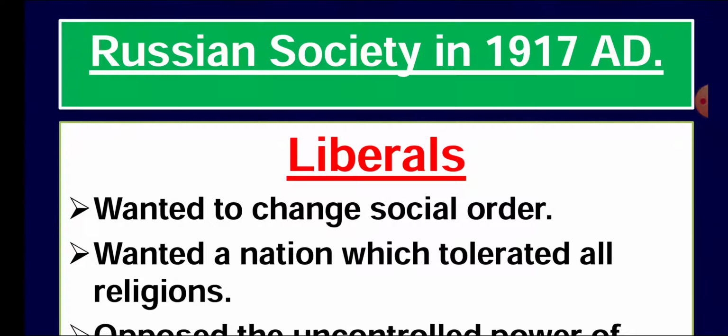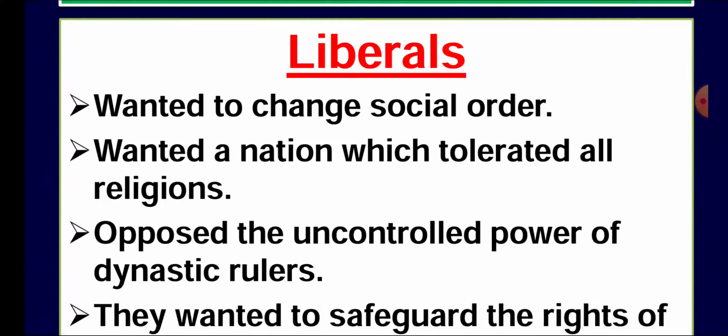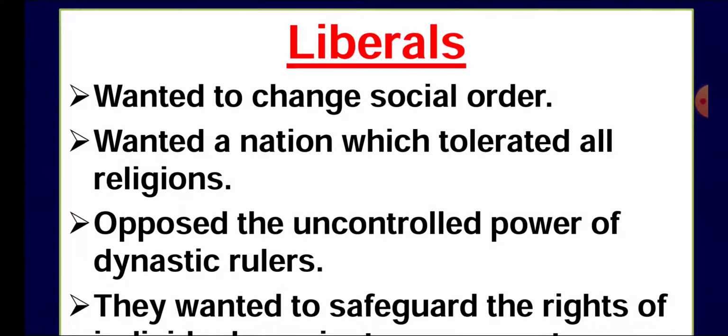One is liberals. Here you can see on this slide, it is written in red color, liberals. Just try to understand this word liberal in very simple terminology. Liberals were those who wanted to change the social order. They were the people who wanted to change the old regime, who were not in favor of kingship, who were not in favor of monarchy.